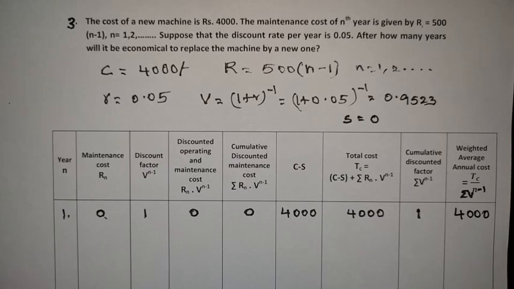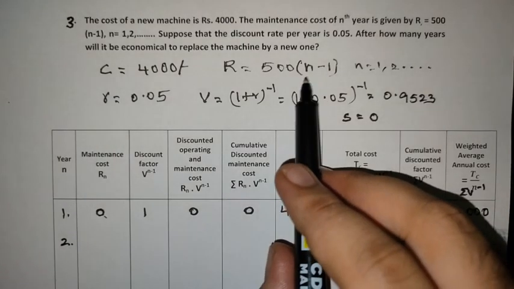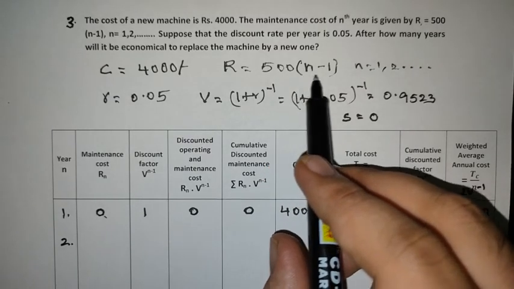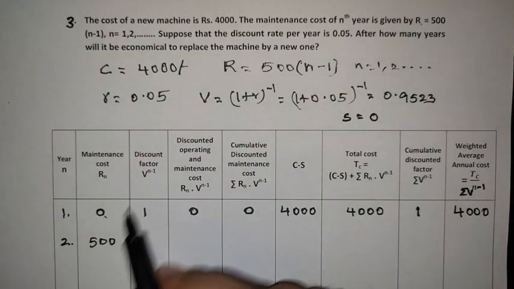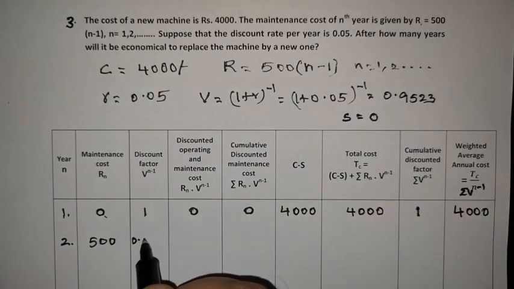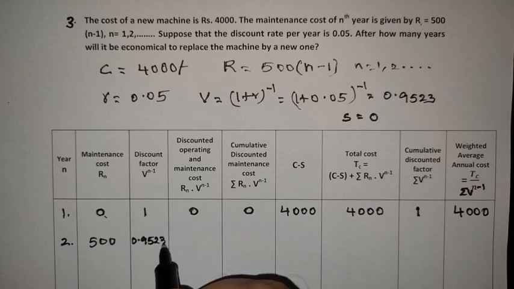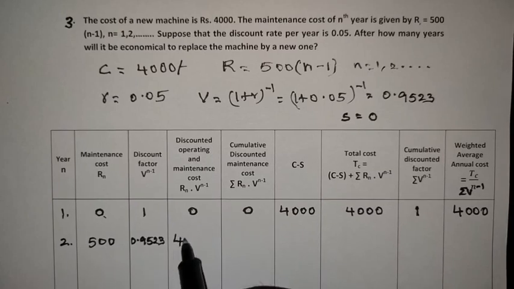Now let us calculate for the second year. Here n equals 2, so 500 into 2 minus 1 gives 500. Then V power n minus 1 is V power 2 minus 1, that is V, which is 0.9523. Rn into V power n minus 1 is 500 into 0.9523, which gives 476.15.